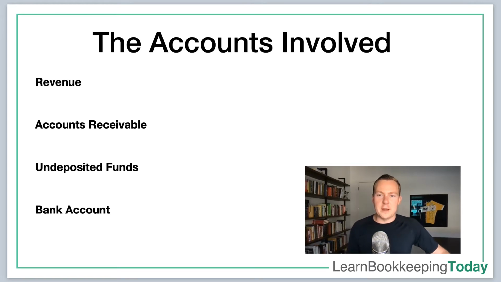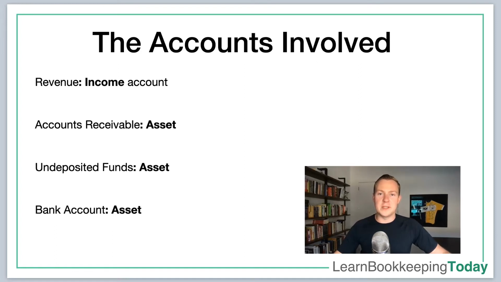So the 4 accounts that are involved are revenue, an income account, accounts receivable, undeposited funds, and your bank account. Revenue, of course, is an income account, but the other 3 accounts are all asset accounts. So all we're really doing is moving money from one asset to another to the third.